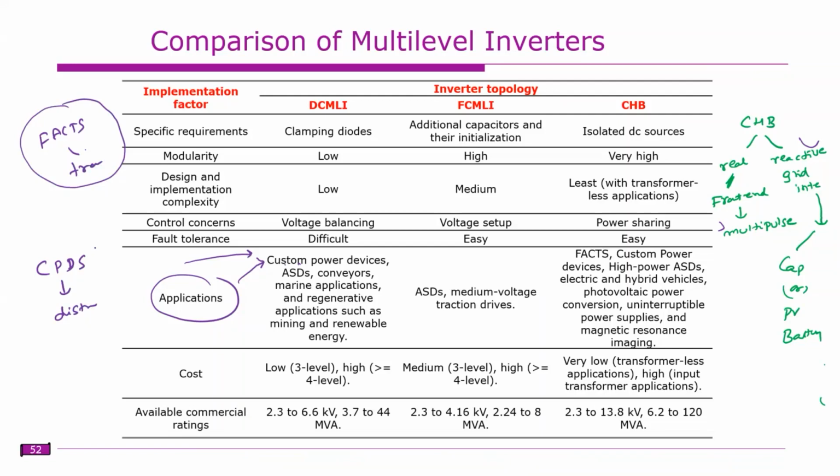In case of CPDs, custom power devices, this also looks like a FACTS device, but it is at lower voltage levels, and their objectives are also different. Here it is distribution systems, primarily targeted to improve the power quality.